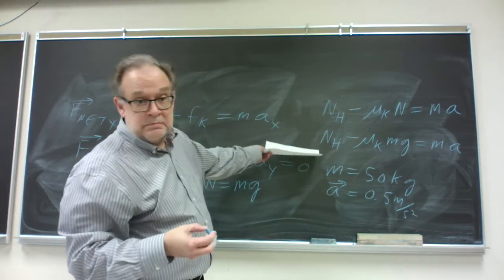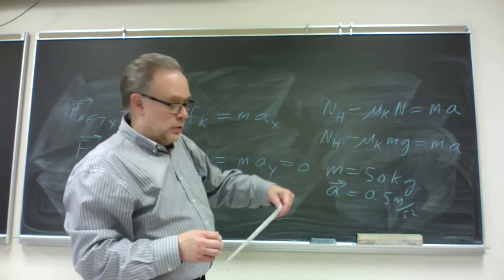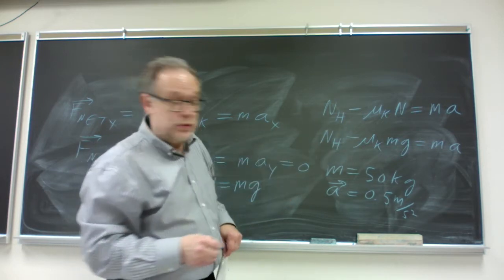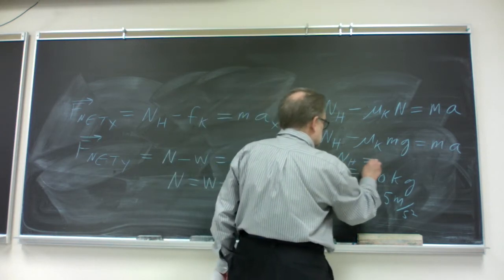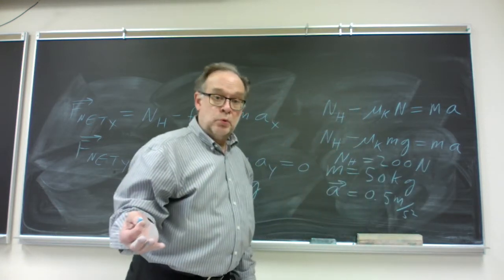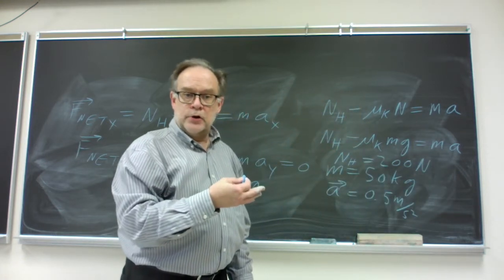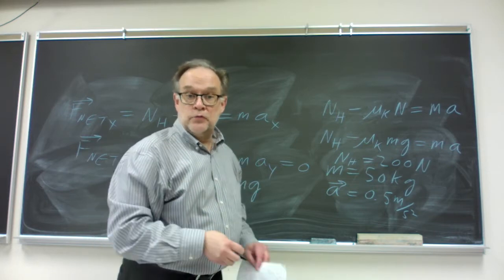And in this case, I didn't mention it earlier, but say we do know how hard I'm pushing. I'm pushing with, let's say, a force of 200 newtons. So put in all the numbers, and then you've got an equation that has only one unknown, the coefficient of friction, and you can solve for that number.